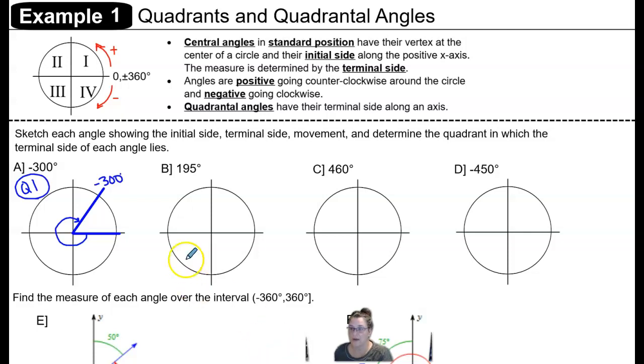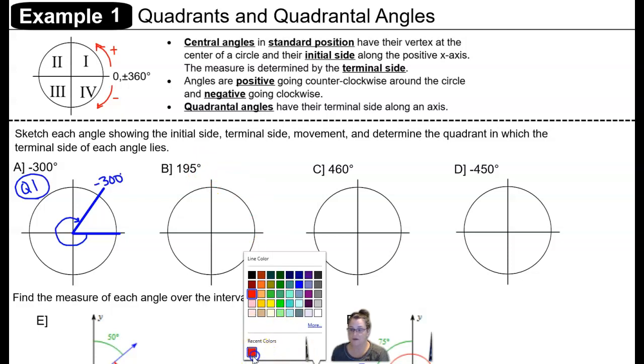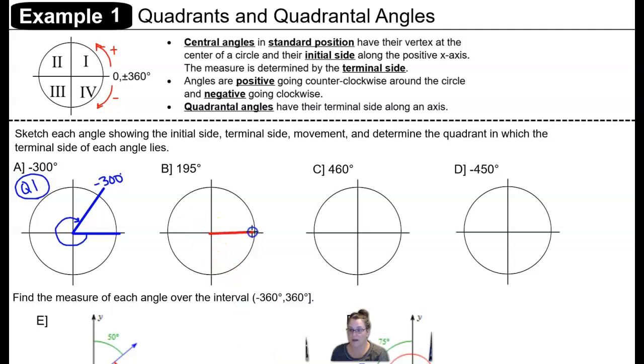Okay, let's try example B. So 195 degrees, my initial side is always along the positive x-axis. Then this would be going counterclockwise because it's a positive angle.